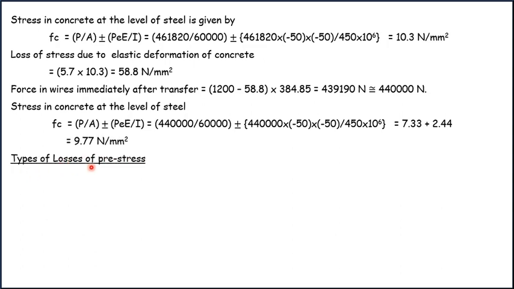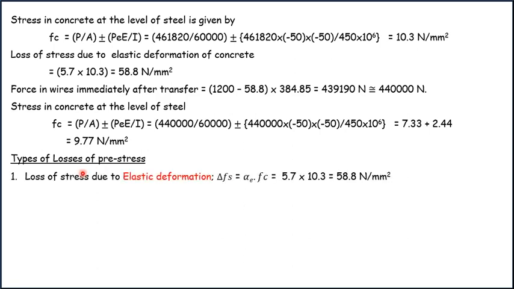Types of losses of pre-stress. We have to determine how many total types of losses there are. The first one is loss of stress due to elastic deformation. Delta Fs equals alpha E Fc, that is modular ratio into stress in the concrete at the level of steel. 5.7 into 10.3 equals 58.8 Newton per mm square.